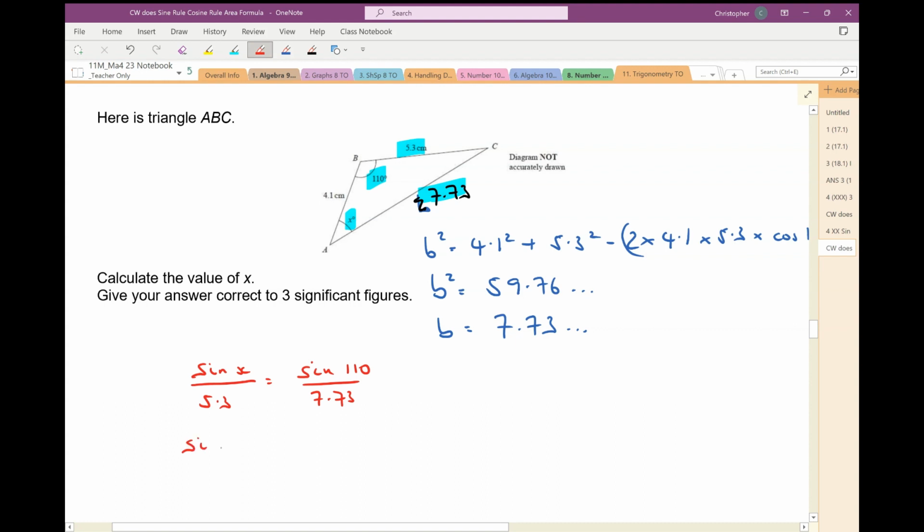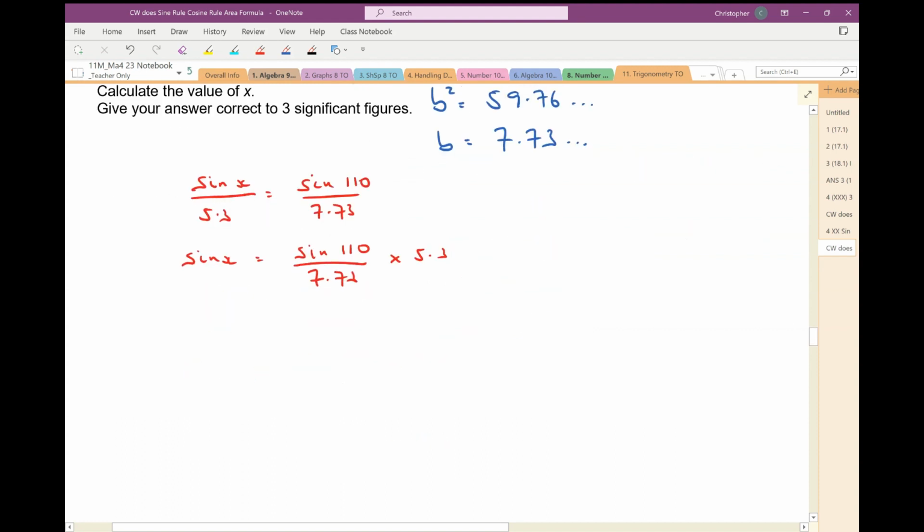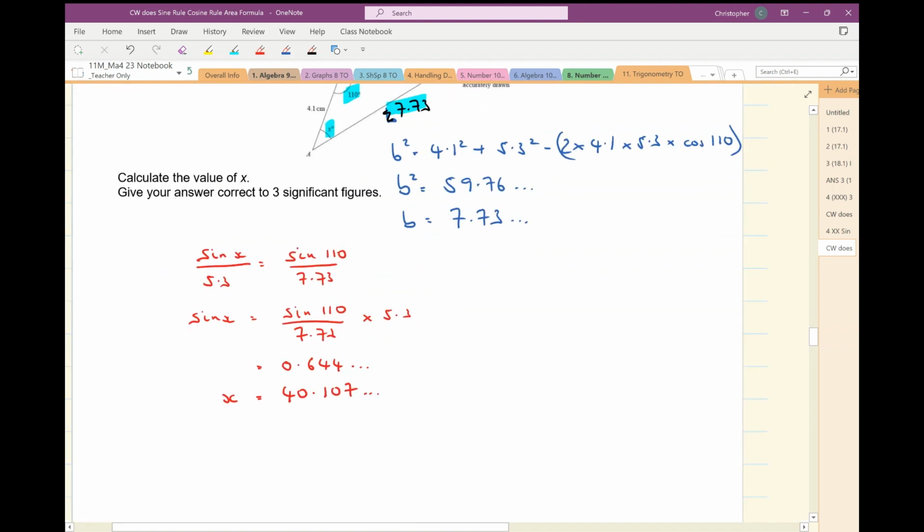That tells me that sine x is sine 110 divided by 7.73 multiplied by 5.3. Okay, well that equals 0.644 and so on. So then I simply inverse sine that to tell me that x is 40.1 and so on. Now I'm asked to give my answer correct to three significant figures.